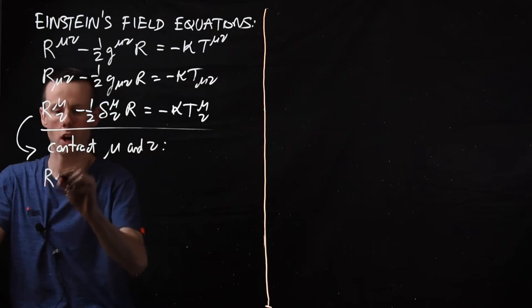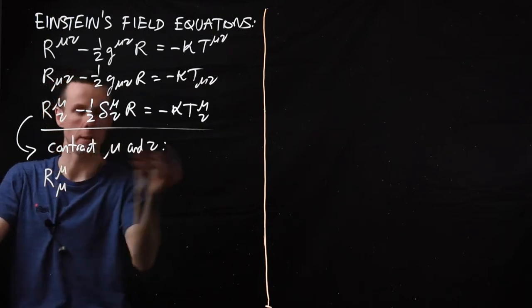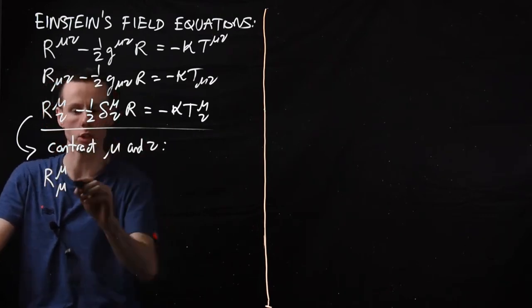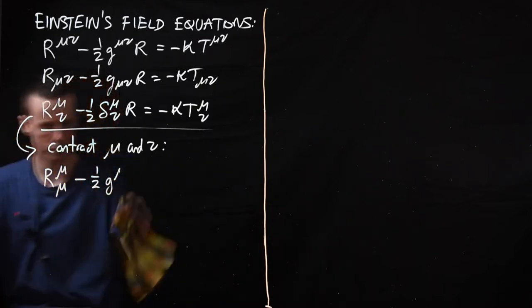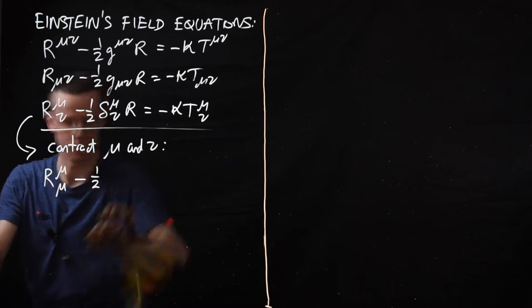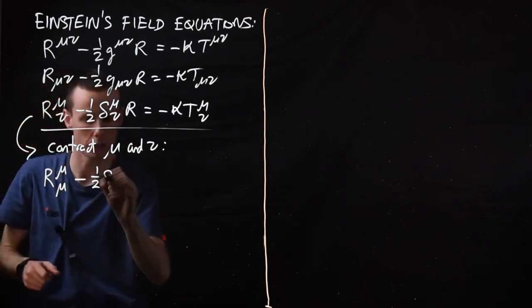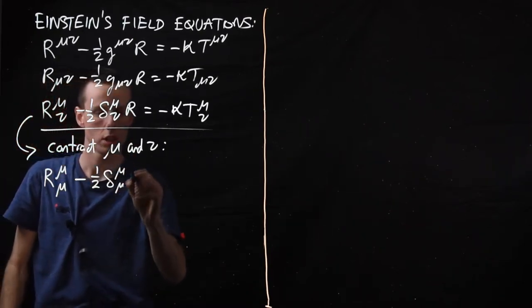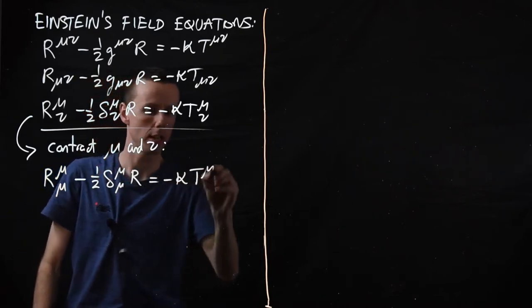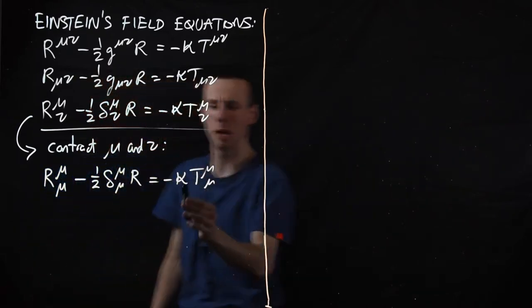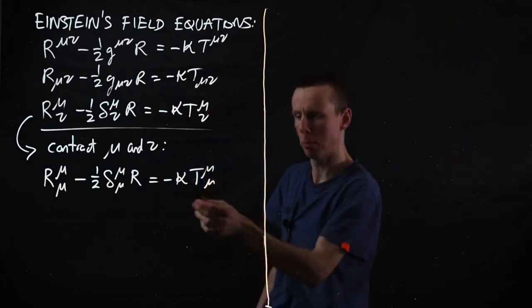So we will have R^mu_mu, let's just set mu and nu equal, minus a half, not g, it's a delta in the mixed form, Kronecker delta, delta^mu_mu, R equals minus kappa T^mu_mu. And kappa here, remember, is just this constant of proportionality for now.